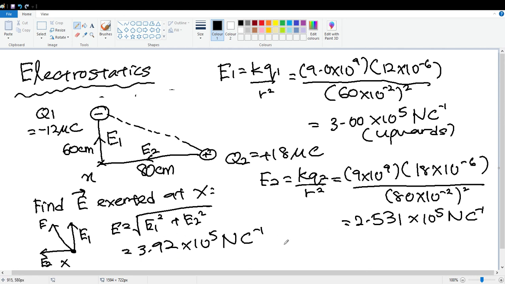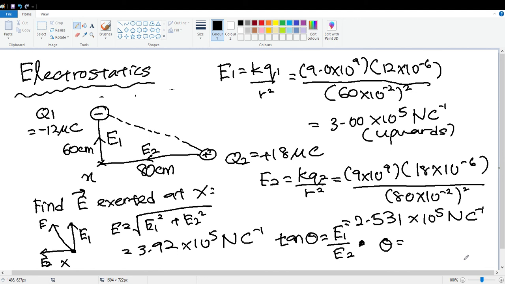And what about the direction? Tangent theta is equal to E1 divided by E2. I directly skip to the final theta, which is the inverse tangent of 3 times 10 to the power of 5 divided by 2.531 times 10 to the power of 5.